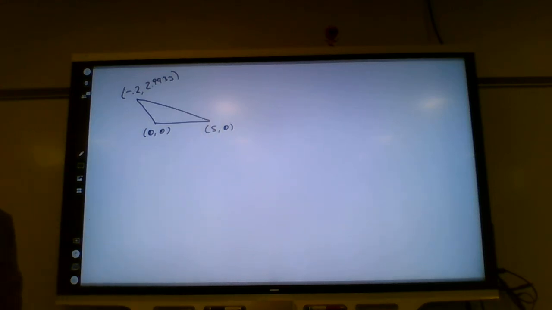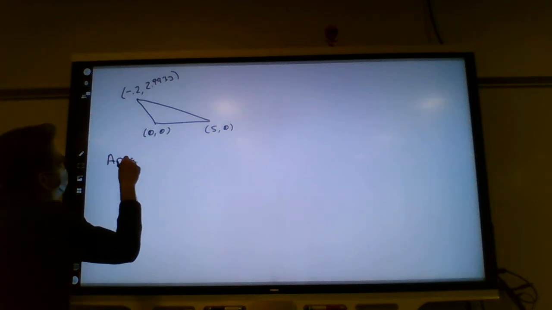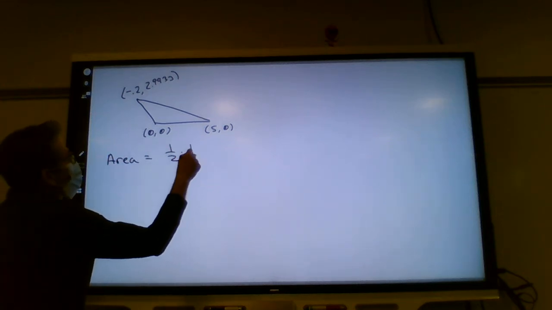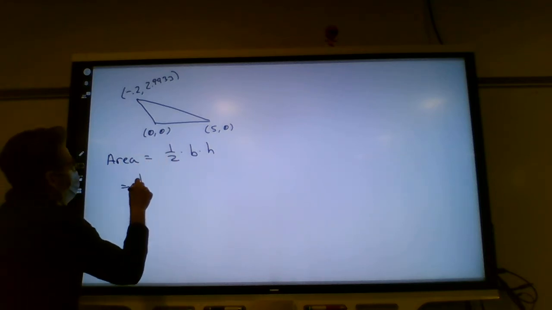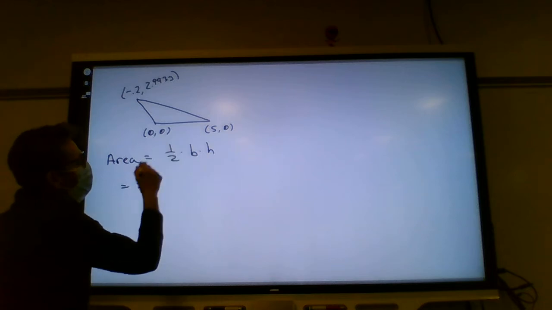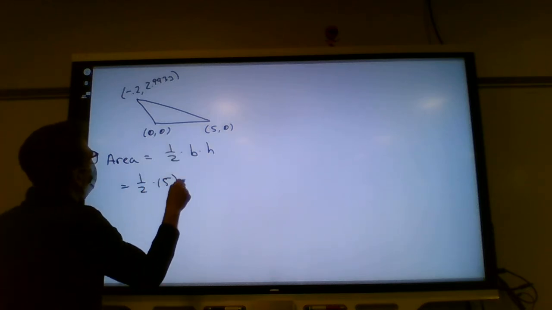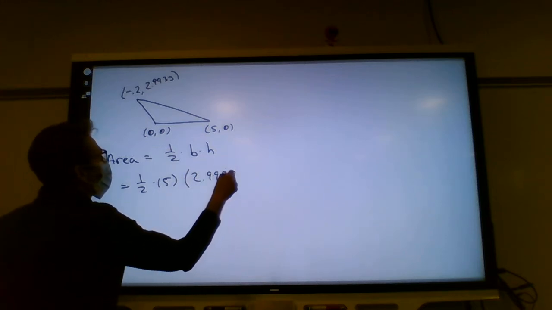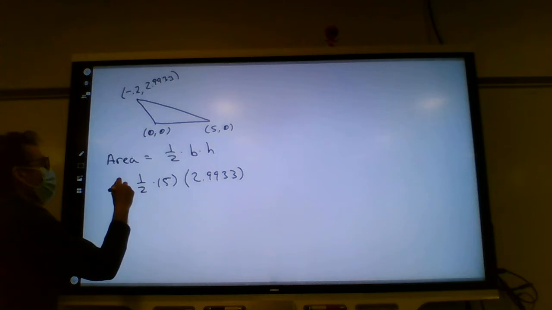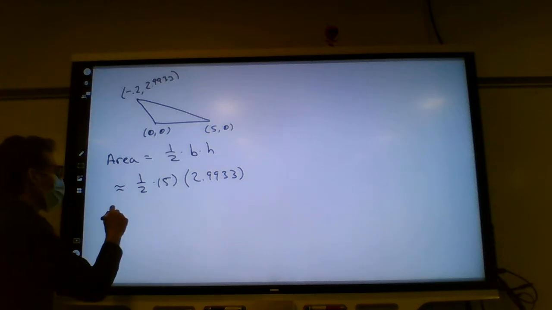Great, so what happens in terms of the area in this method? The area is 1/2 times the base times the height. So it's 1/2. The base is how long? Still 5. And the height? 2.9933. Instead of equals here, we should say it's approximately equal to that. And what is 1/2 times 5 times 2.9933?